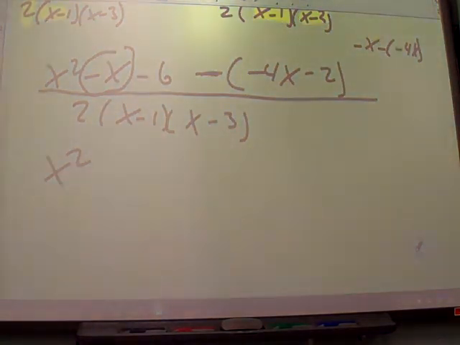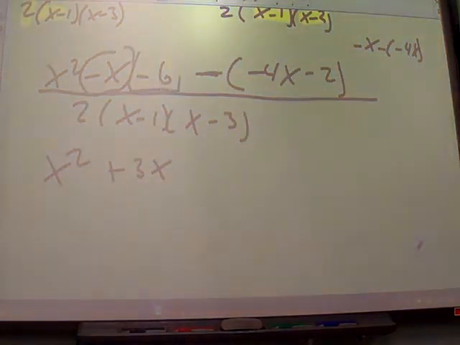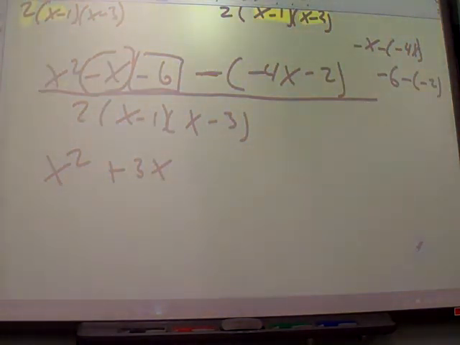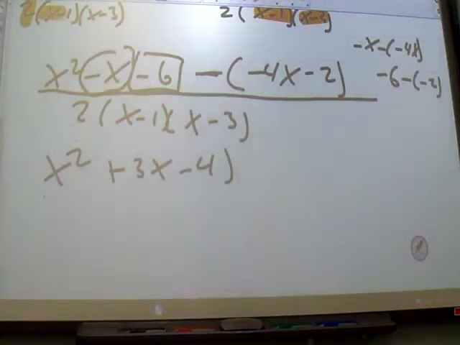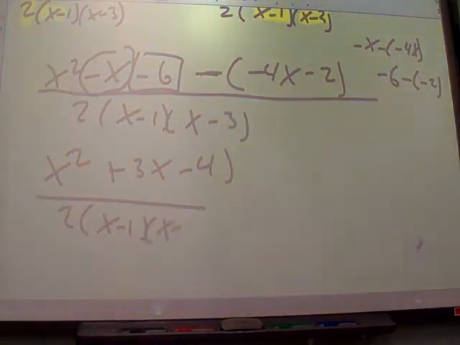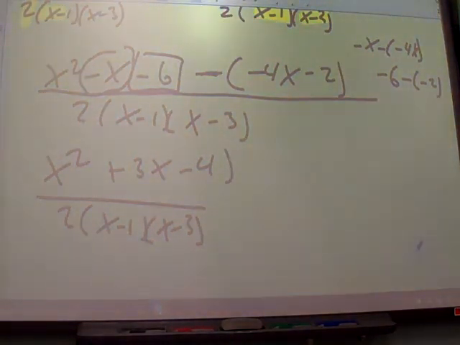Positive 3x. Okay, then I've got negative 6 minus negative 2. That is negative 4. Oh, I put that parentheses there and not there. Let me erase that.